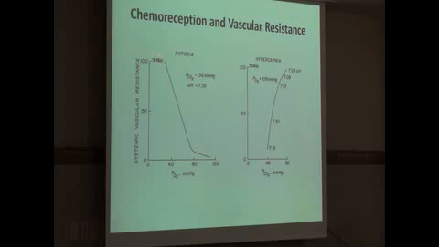If the PO2 goes down, progressively the resistance goes down. The blood vessels open up. We try to compensate. And with too much CO2, we have the opposite. If we have too much CO2, we want to get more blood to the brain.